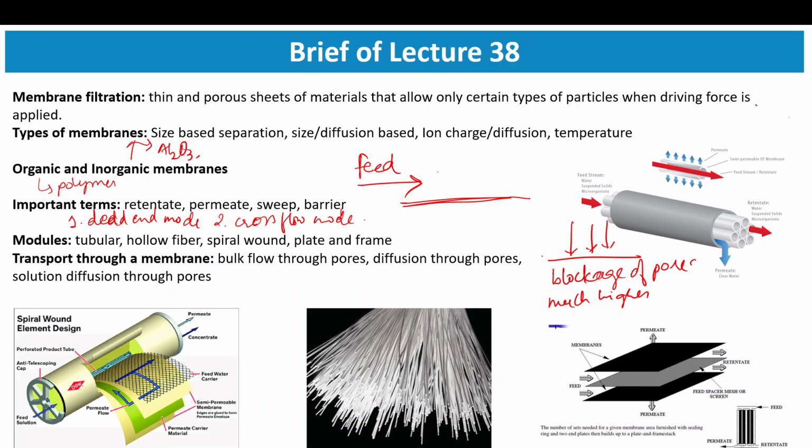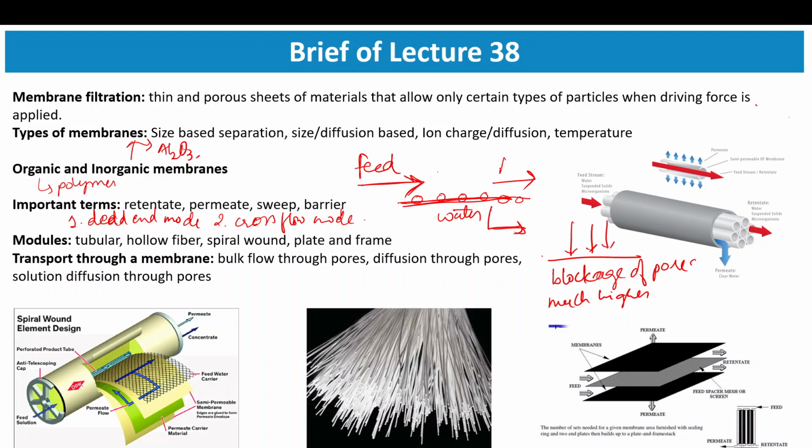While in the case of cross flow, the feed passes in this direction, like this is the membrane. So feed passes this way, and the membrane has pores. Now there will be some pressure applied, so the membrane will be permeable to only water and some particles which are smaller than the pore size. So that water will be coming out through these pores, and the feed after the separation will go out again.